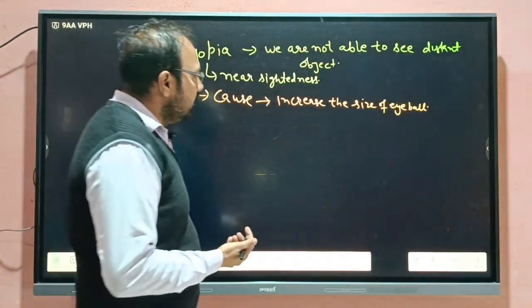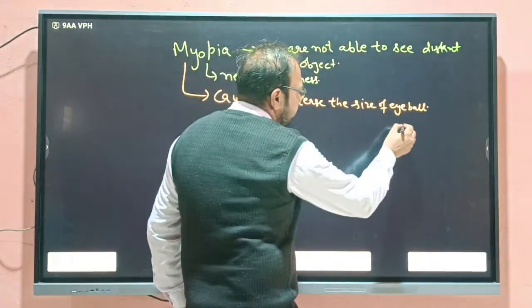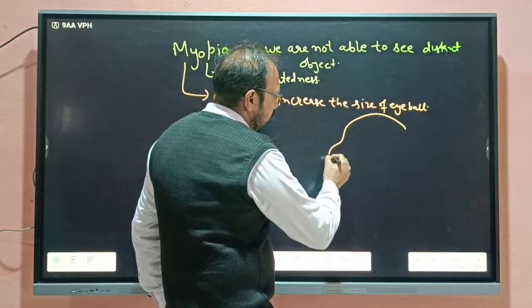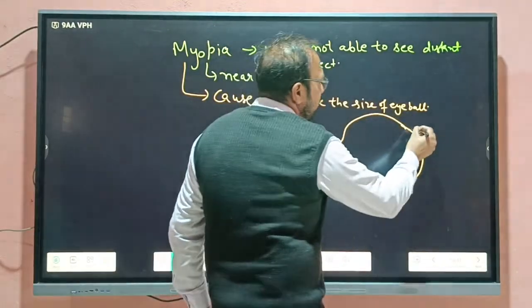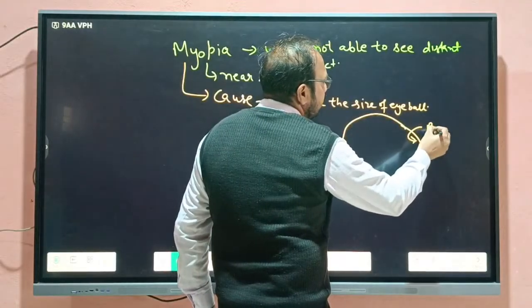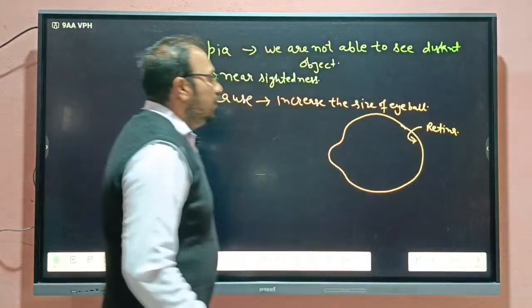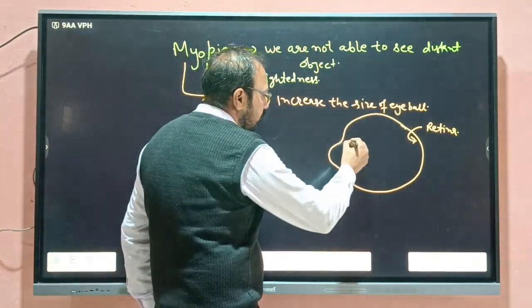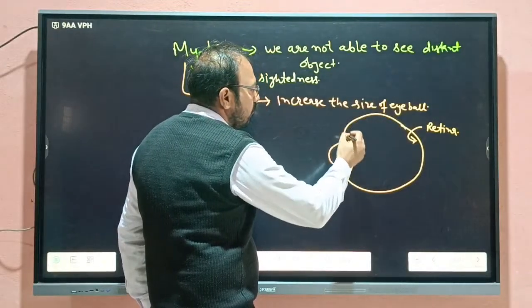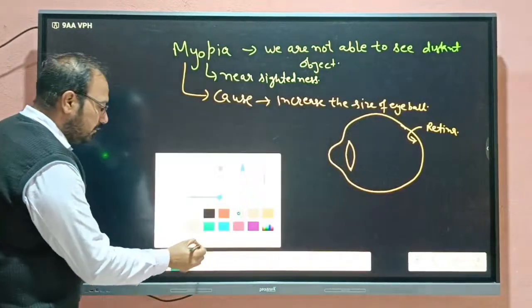So for example, this is an eye, a myopic eye, and this is the retina. Sometimes what happens? This is a lens, and these here are the ciliary muscles.